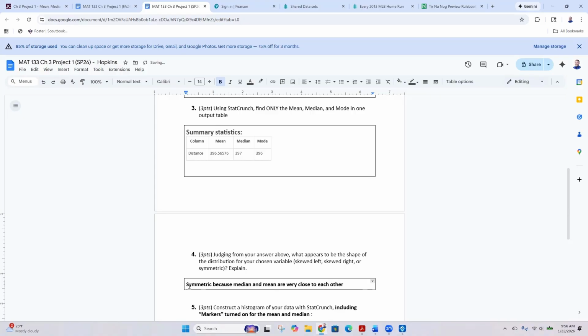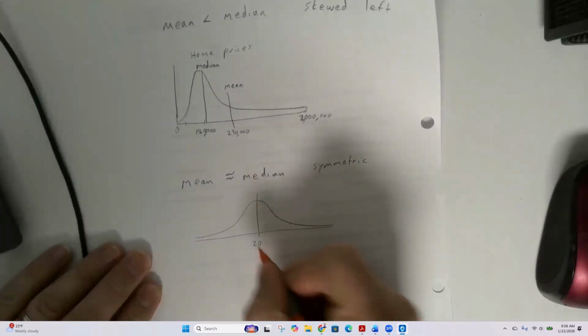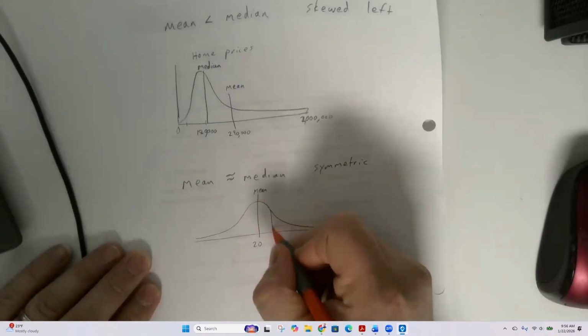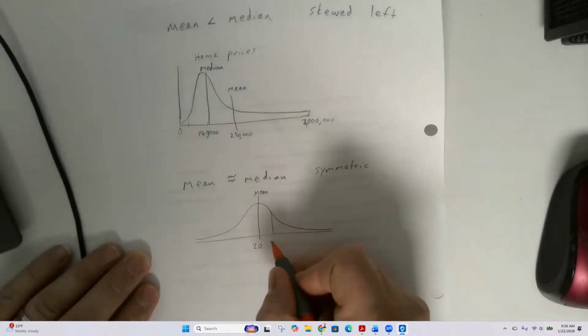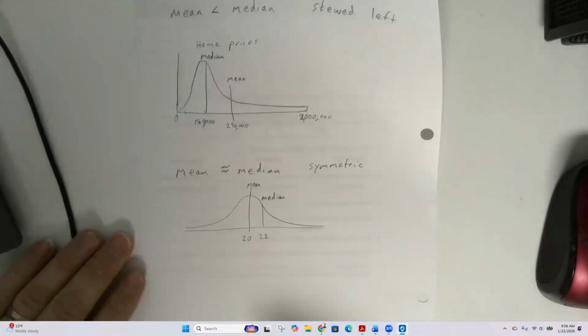All right. Which brings up the question, well, okay, I'm using this data set. You guys are using a different data set. If I have a mean of 20 and I have a median of 22, are those close?